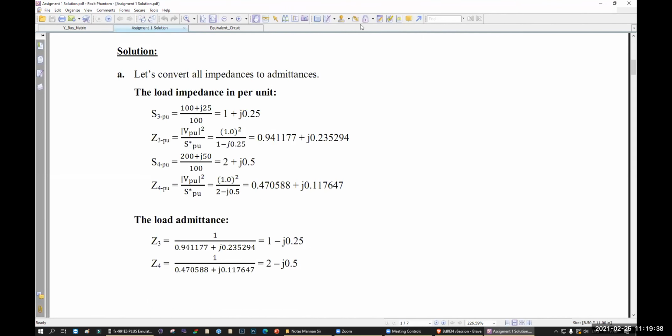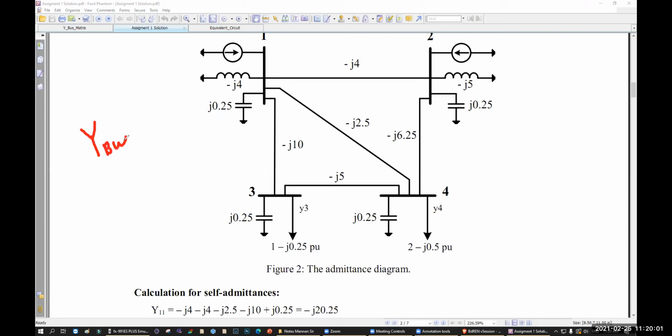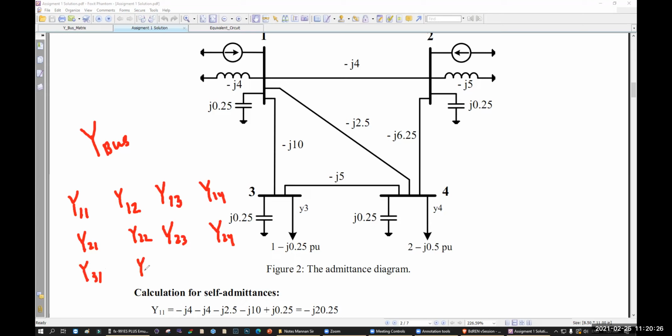Now you have to find out the Y-bus matrix. Since you have 4 buses, your Y-bus will be like this: Y11, Y12, Y13, Y14. Then this is your Y-bus matrix, right?